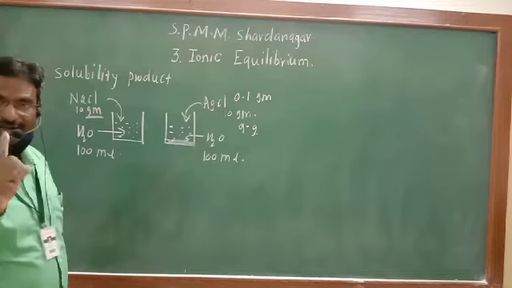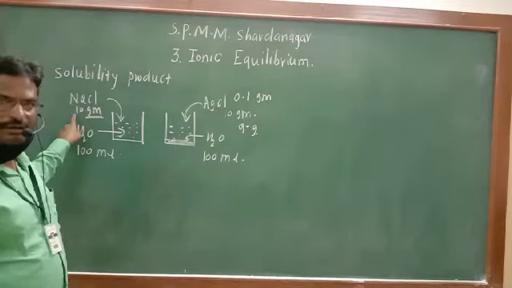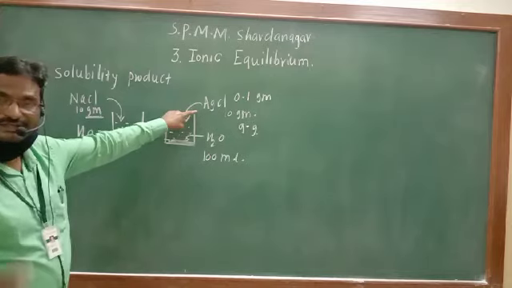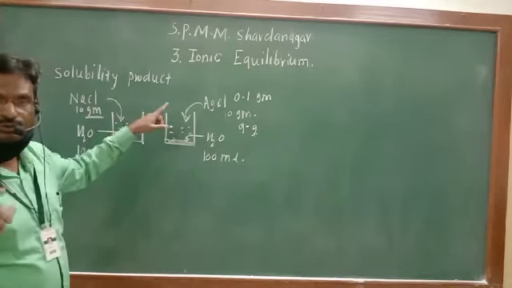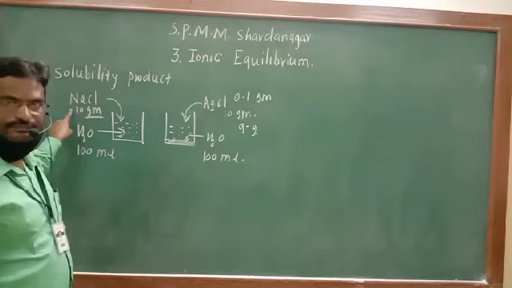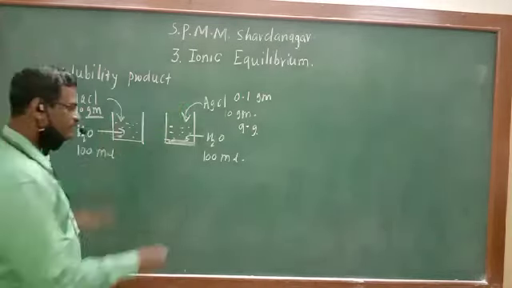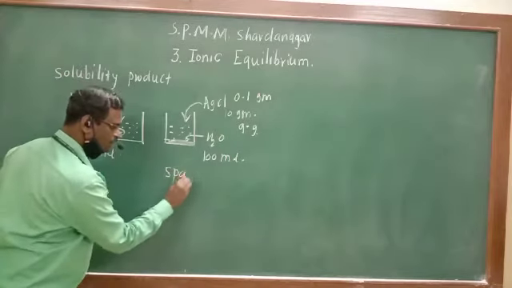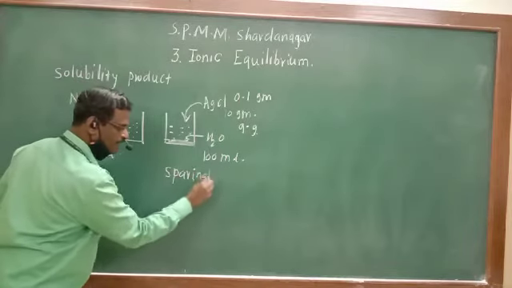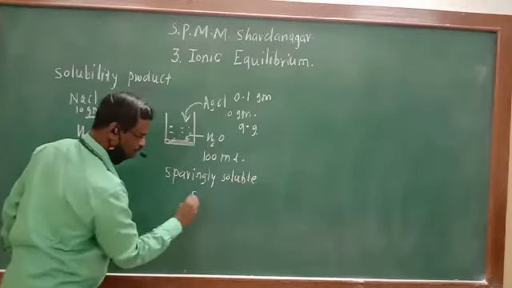So which is completely soluble? Is it NaCl or is it AgCl, which is completely soluble among these two? NaCl. This is completely soluble. And this is known as a sparingly soluble salt.